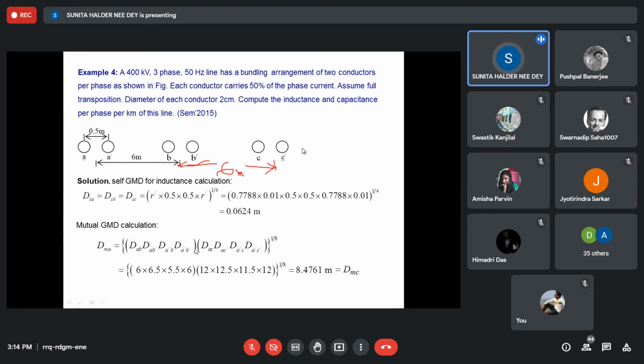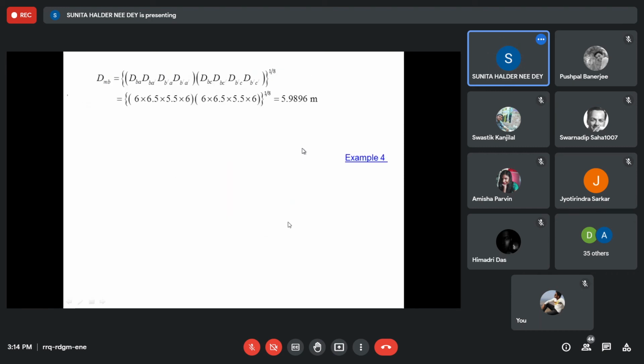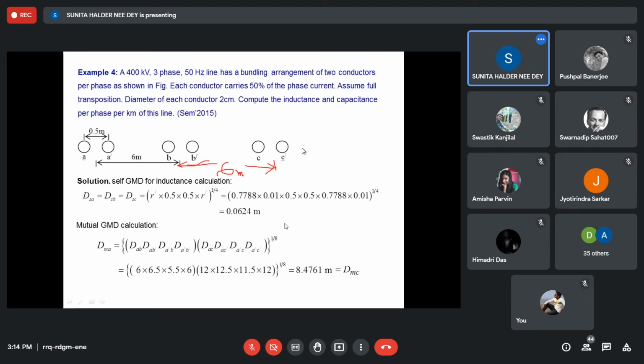if we do it in that way, then BC. Now you see here, whatever be the AB, that will be BC or B dash C dash, B dash C, in that way.